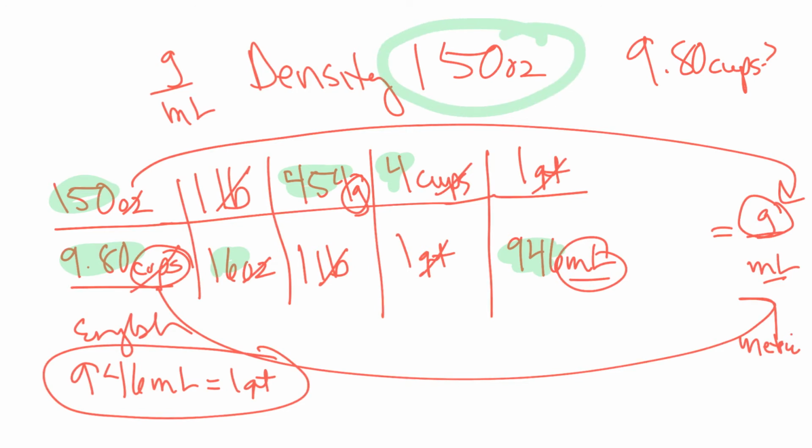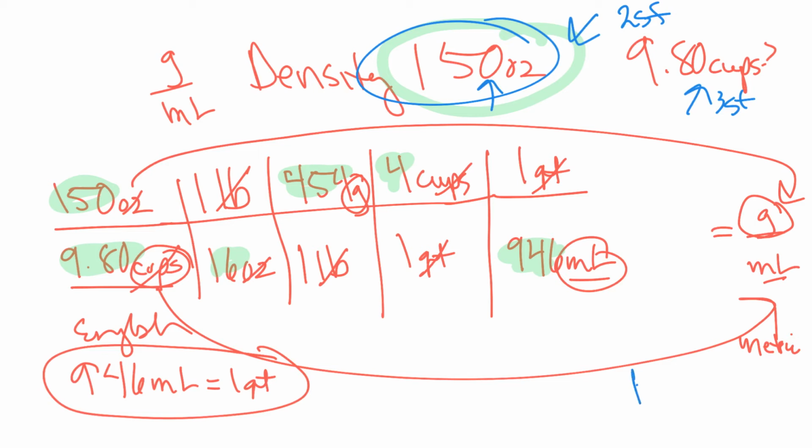This has only 2 sig figs, right? Because that 0 is not significant because there's not a decimal. This has 3 sig figs, but this is my weakest link. So when you do the math and you round to 2 sig figs, you get 1.8 grams per milliliter.